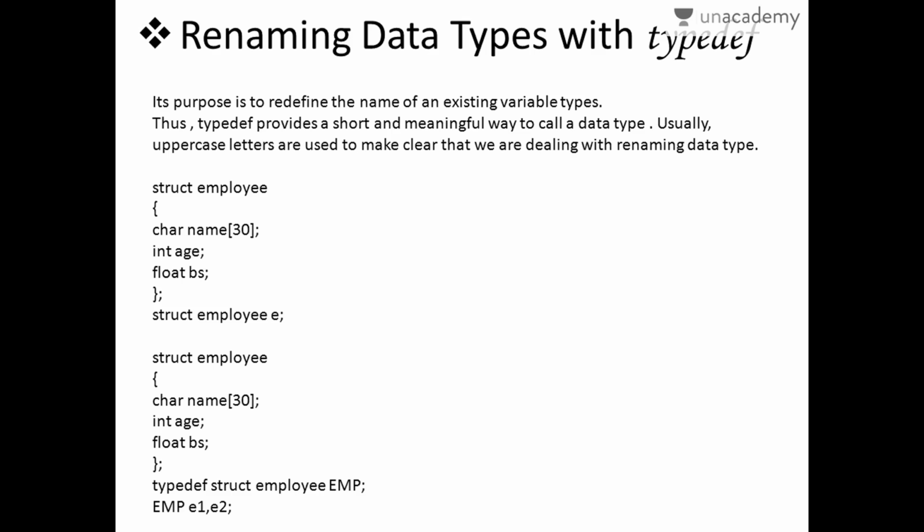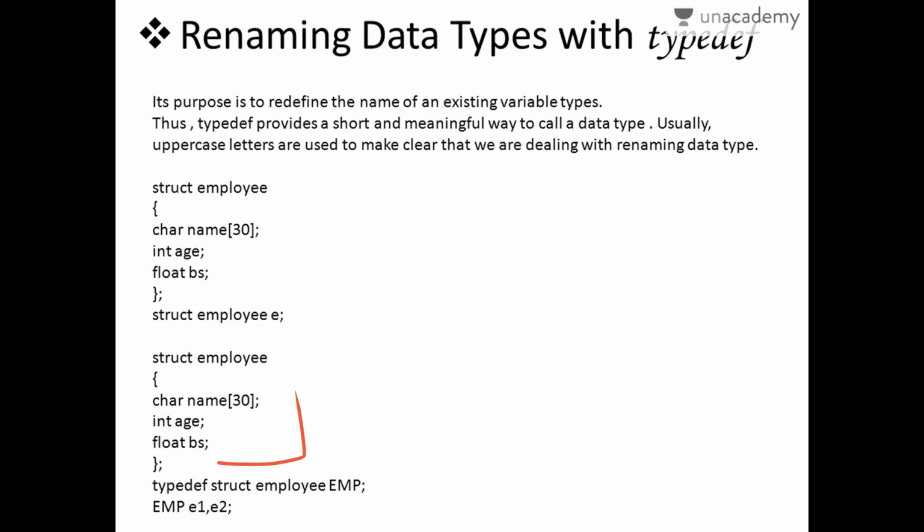This is to redefine the name of existing types, and also provide a short and meaningful way to call a data type. For example, here I have declared name as an array of 30, age as an integer data type, and salary as a float data type. This structure employee e will be like whatever I have declared here. Once I call that, all the values are the same as what I have declared here.